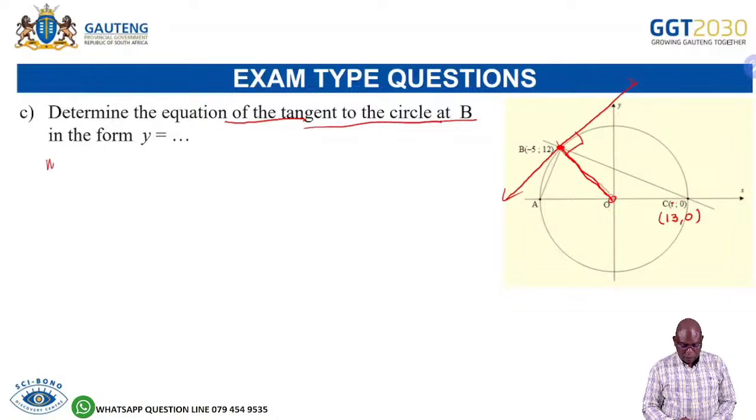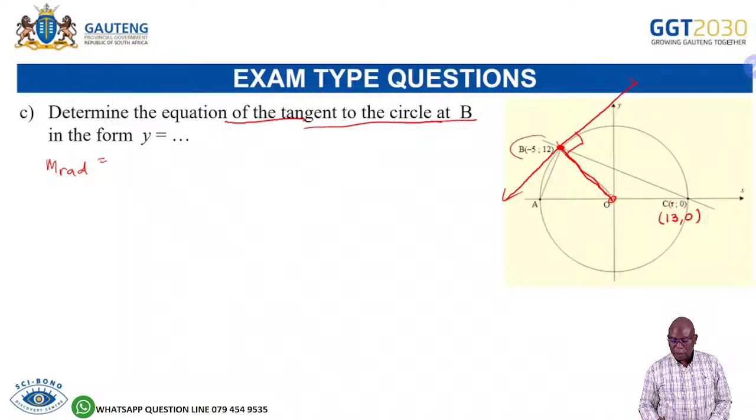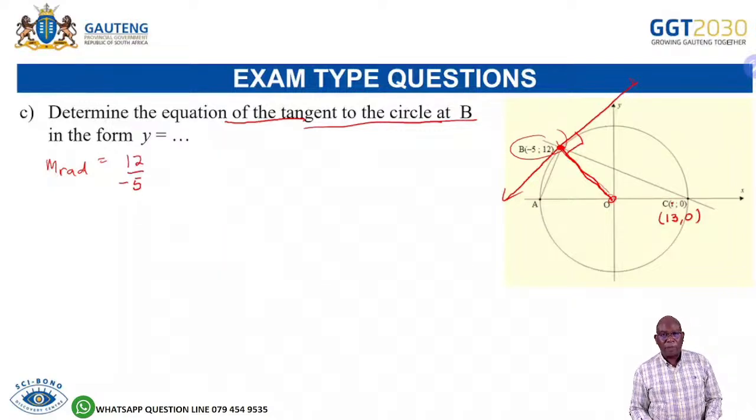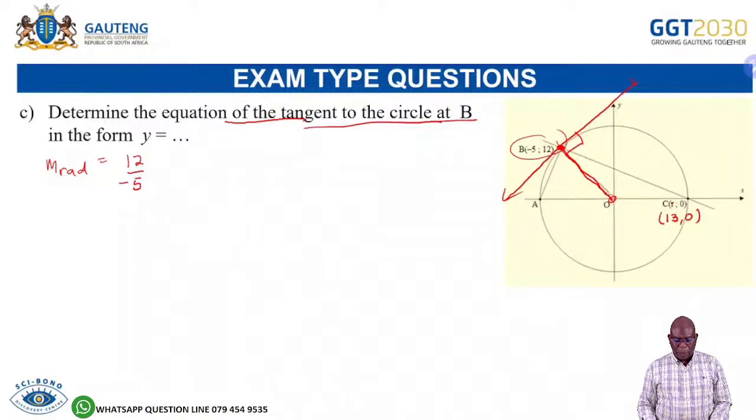The gradient of the radius will be, remember the easy way to write it down, the change in y over the change in x. So that will be 12 over negative 5. Please don't write it in decimal, just leave it in fractions. My 12 over negative 5, that's my gradient.